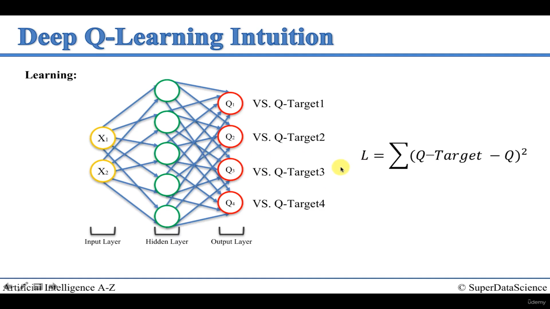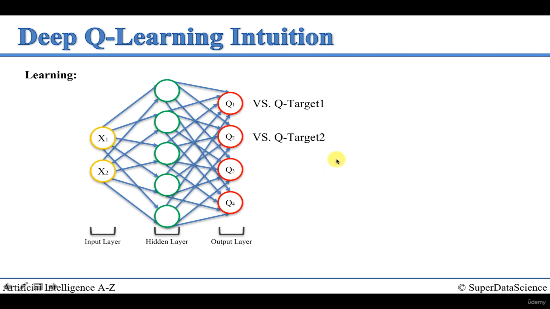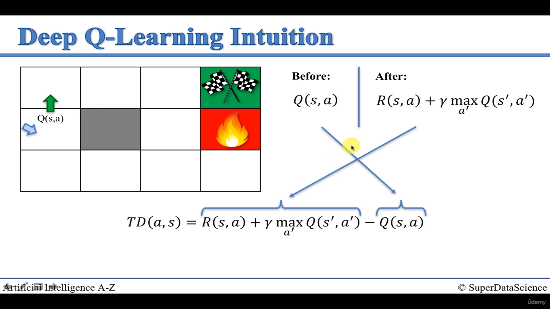And so ideally, just as we had in the temporal difference learning, if we go back for a second, remember we said ideally we want this to be equal to this. So we want the temporal difference to be 0. That means basically the Q values that the agent is predicting, or that he has in memory, are exactly descriptive of the environment, and therefore the agent can navigate the environment pretty well, right?